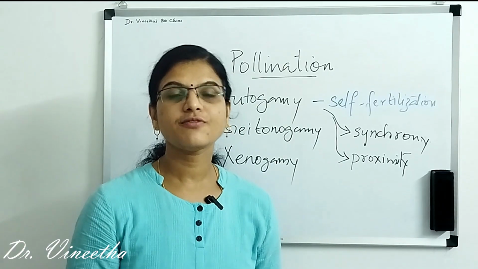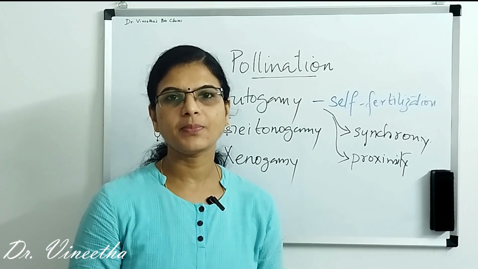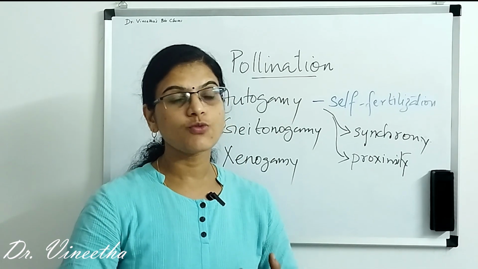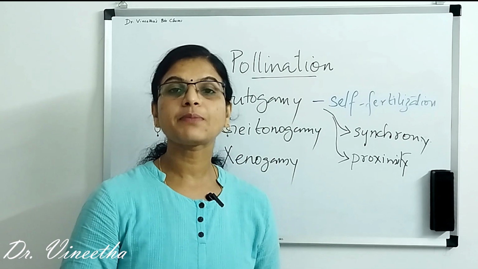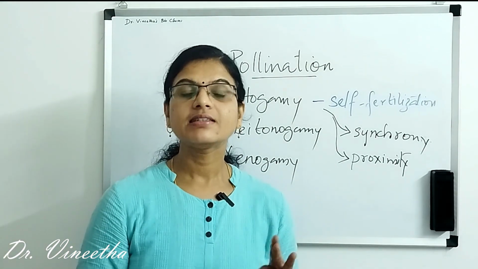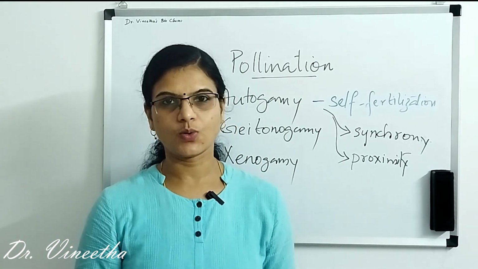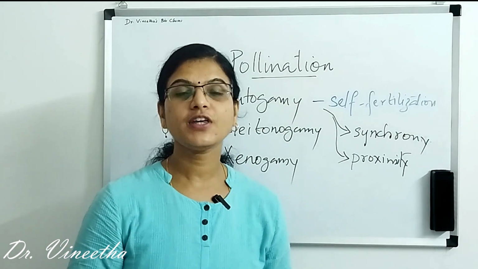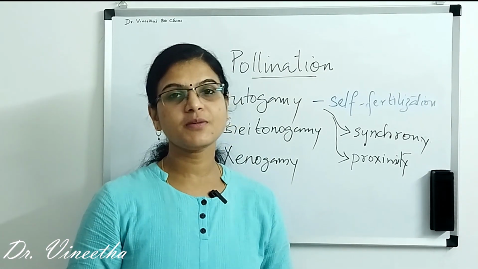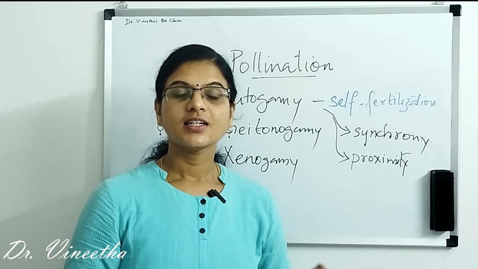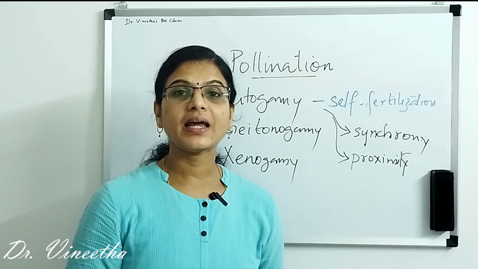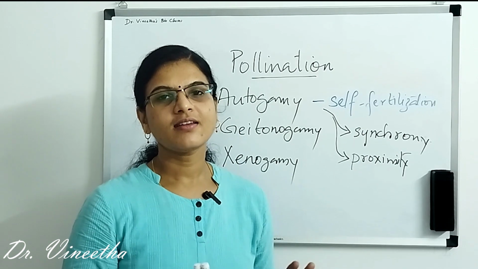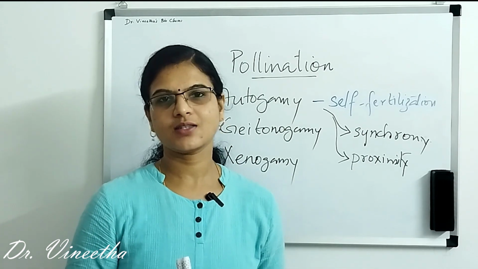And generally, for a successful pollination to happen, the age of the ovule, the pistil morphology, and the receptivity of the stigma, these three play a major role.